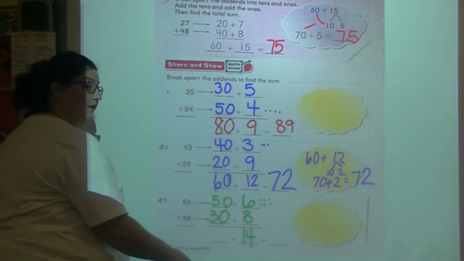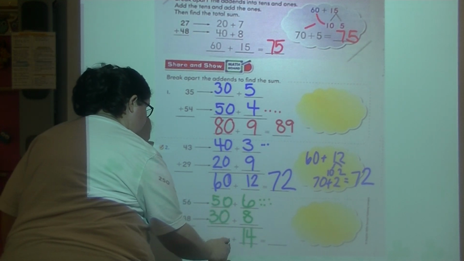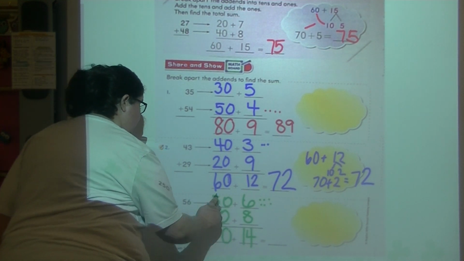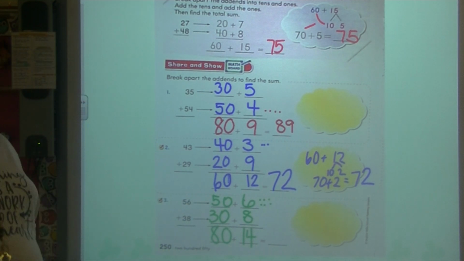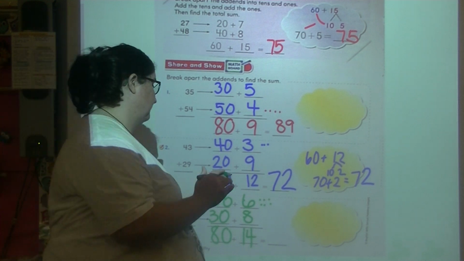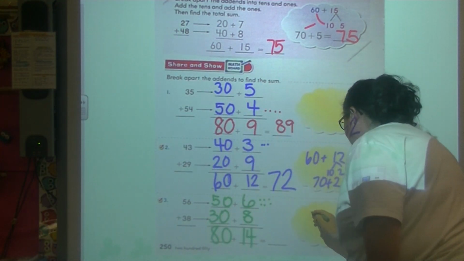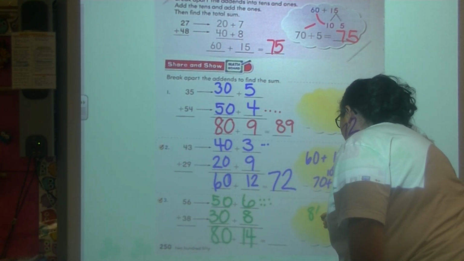50 plus 30, we add 0 plus 0 is 0. 5 plus 3 is 8. 80 plus 14. I'm going to put it up here in my thinking cloud because I have to break up 14.